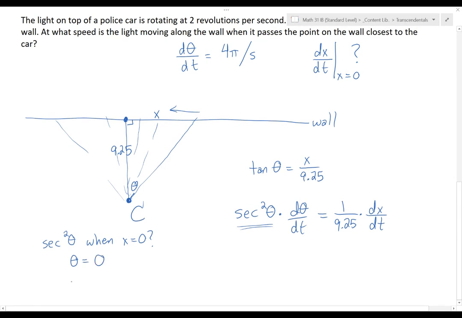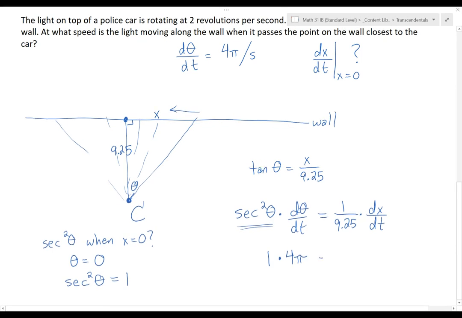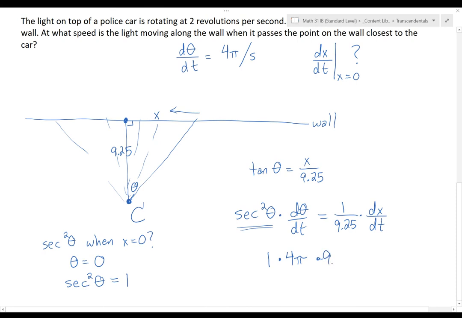So when x equals 0, theta equals 0, which means that the secant of theta, remember that secant is 1 over cosine. So the cosine of 0 is 1, 1 over that is 1, that squared is 1. So we get secant squared theta, 1, times d theta dt, which we know is 4 pi, times 9.25, is equal to dx over dt at that moment when x equals 0.